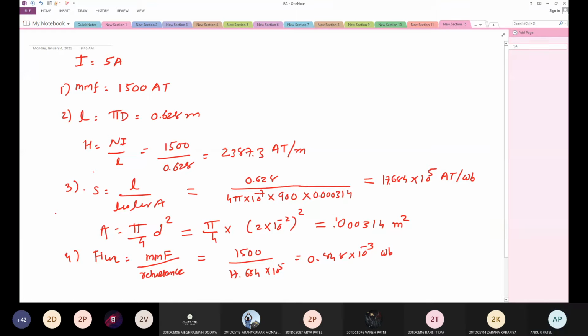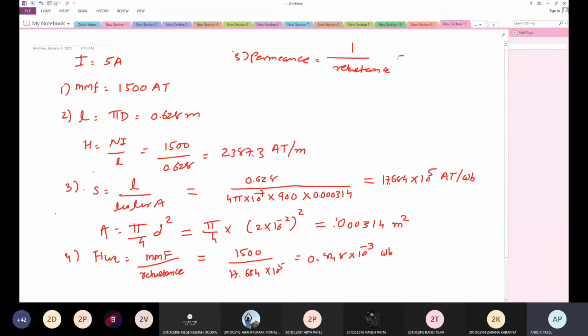And in the last, what have you asked? Fifth one is permeance. Permeance is equal to 1 upon reluctance.